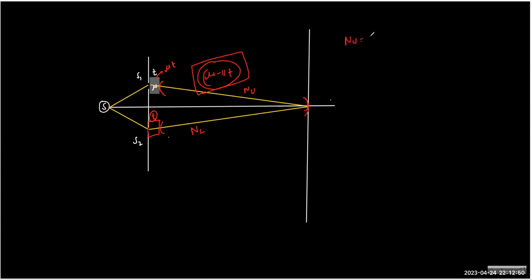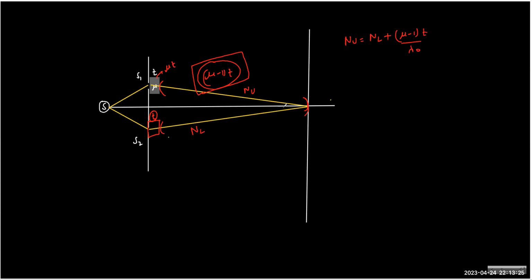So n upper will be n lower plus some value, right? How much extra? How to get the extra value? Extra path length divided by wavelength in air, in vacuum, because we are converting everything into vacuum equivalent.